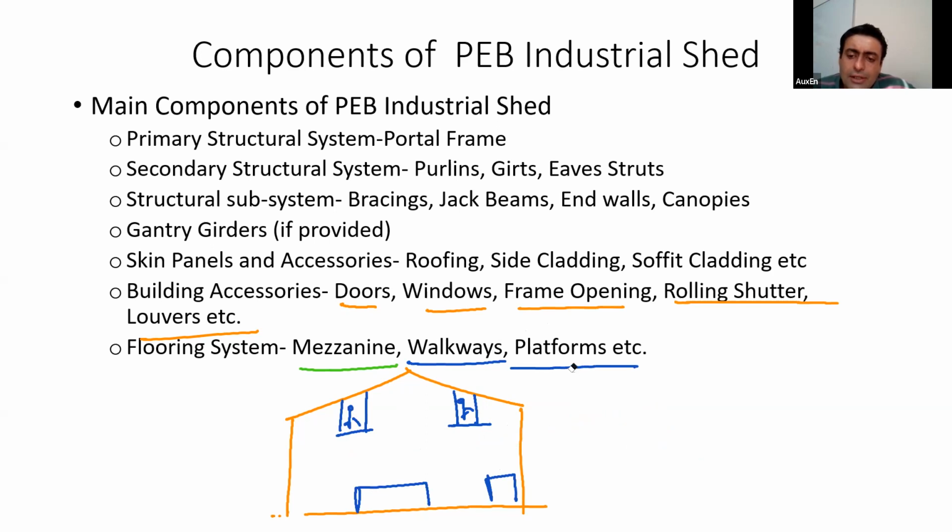So those are called platforms. All these come under flooring systems. So you may have some mezzanine floors, you may have to provide some walkways, platforms, etc. Are we clear? Any confusion with this?